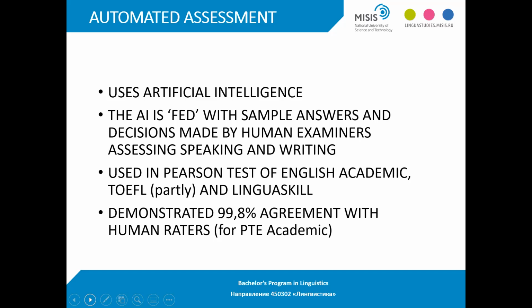And Cambridge's LinguaSkill is doing the same now. It's also been taught, excuse me, how to do it independently. And Pearson Test of English Academic is advanced at the moment, as I said, and I don't know what percentages it is for other exam boards, but it is said to demonstrate, as you see, 99.8% agreement with human raters, which is a very good result.